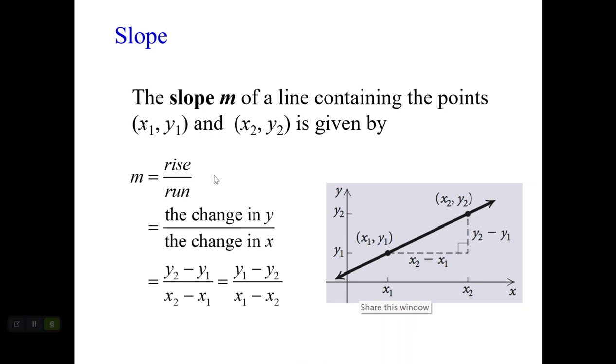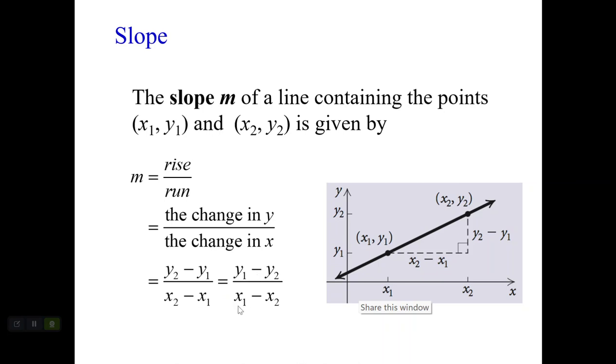A lot of time we have to find a slope for the linear equation. So what is the slope? If you remember from high school math, the slope m here is called rise over run, right? The rise is the change in y, the run is the change in x. So you use y2 minus y1, right? And then divided by x2 minus x1.